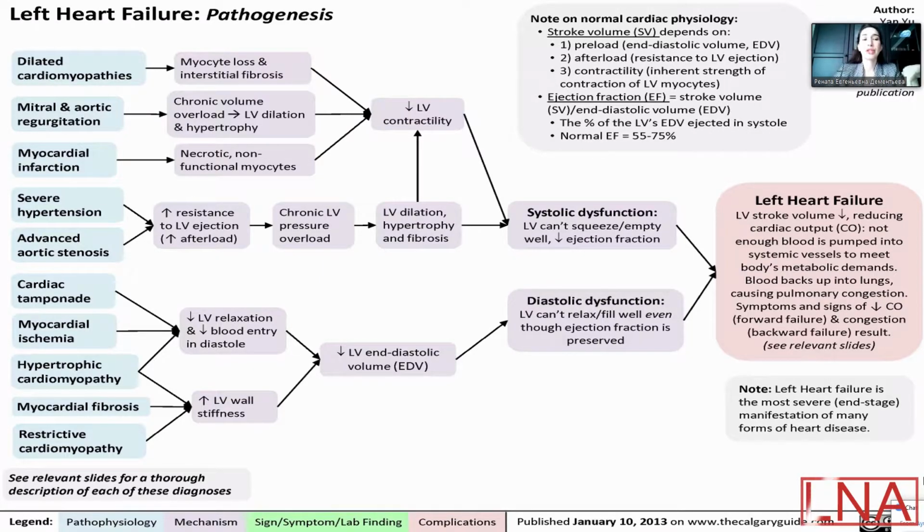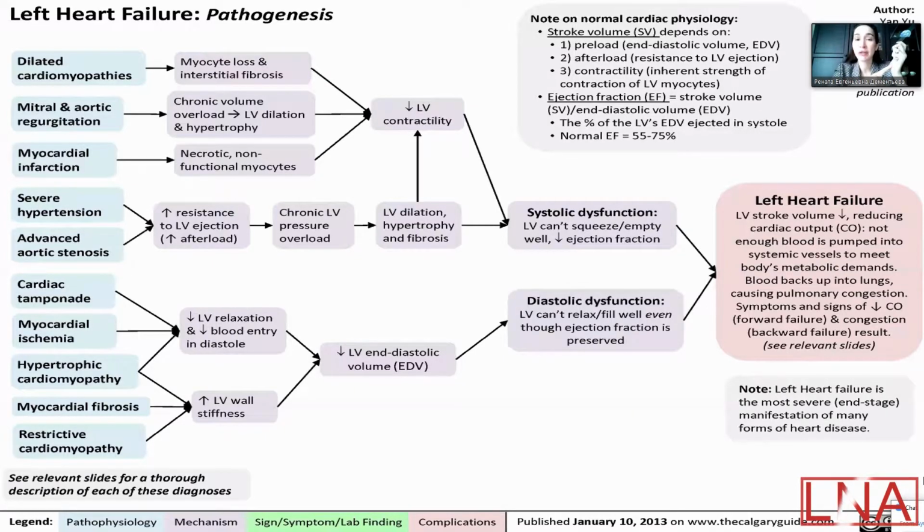Mitral or aortic regurgitation, through the mechanism of chronic volume overload, leads to left ventricular dilatation and hypertrophy, and decreased contractility, following similar scenarios. Myocardial infarction causes necrosis and non-functional cardiomyocytes, post-infarction cardiosclerosis, connective tissue and fibrosis, leading to decreased contractility, the same scenario.